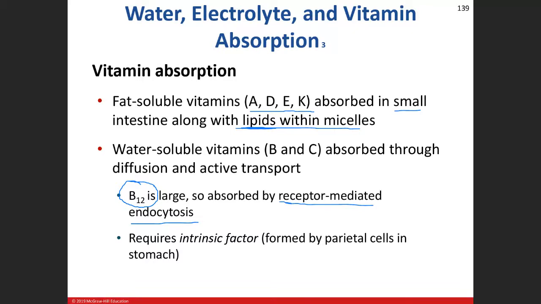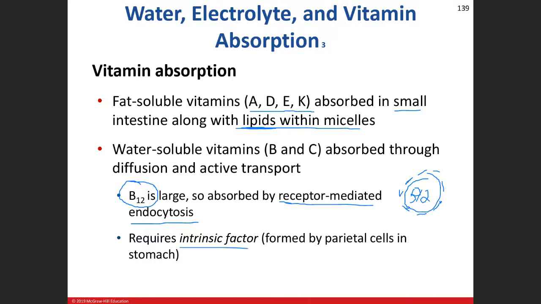When it enters the cell, the cell puts what we call a clathrin coating, a specialized protein coating around that vesicle that has the vitamin B12 inside because of its size. That helps identify to the cell what is in this envelope and what it can be used for.